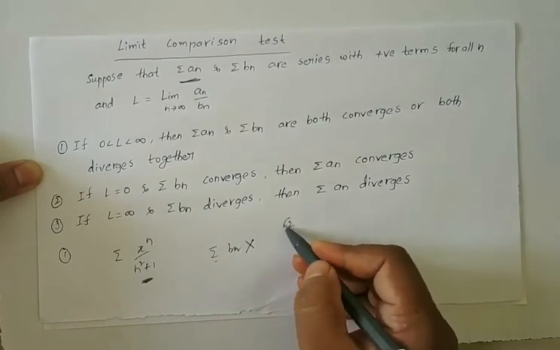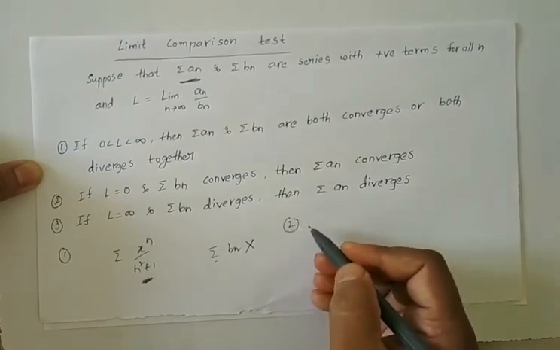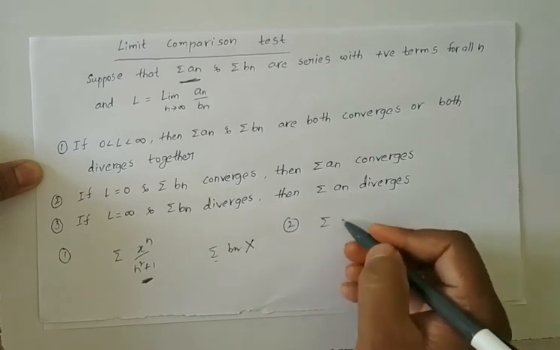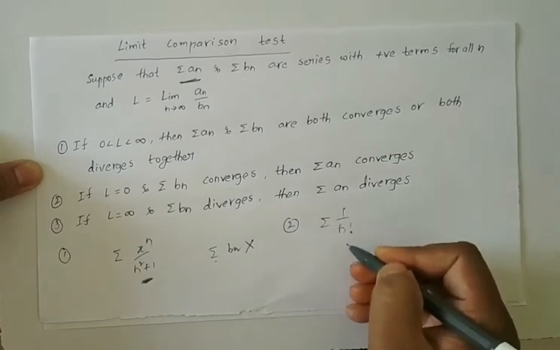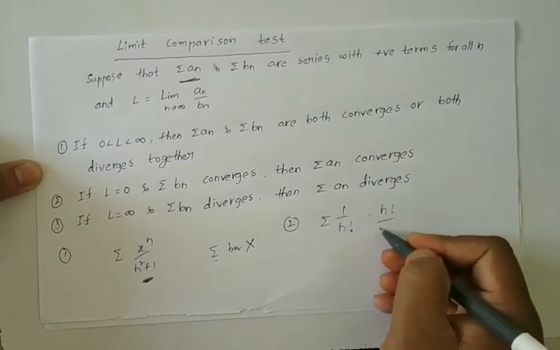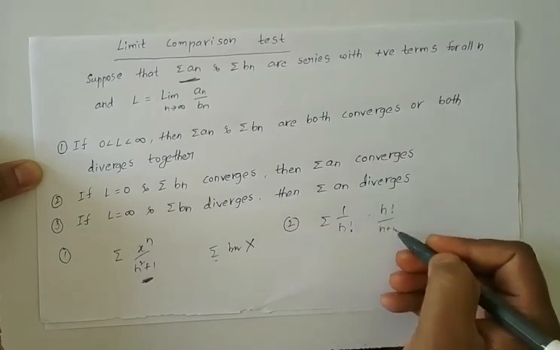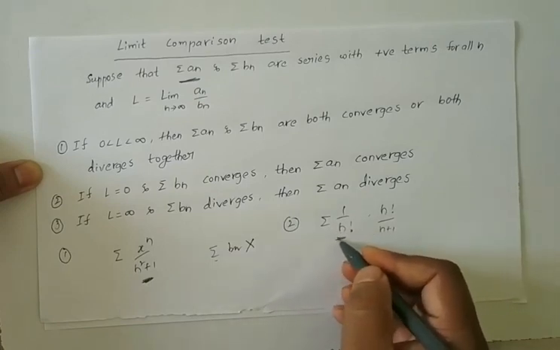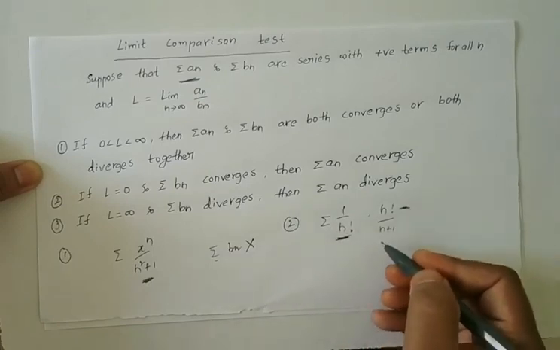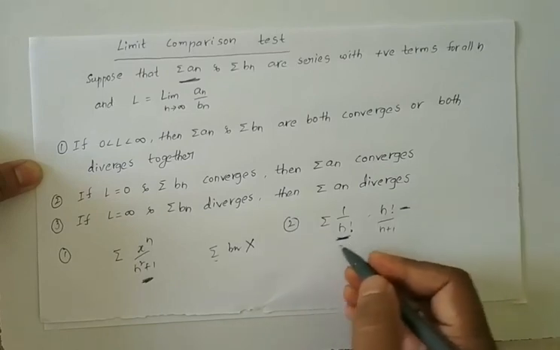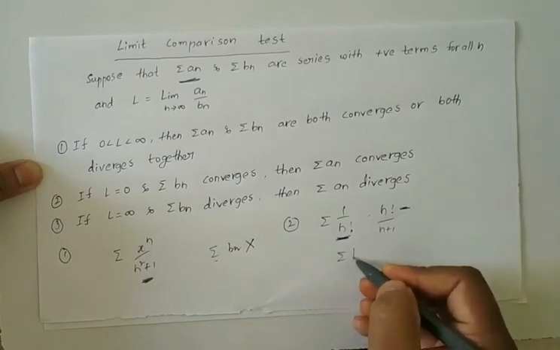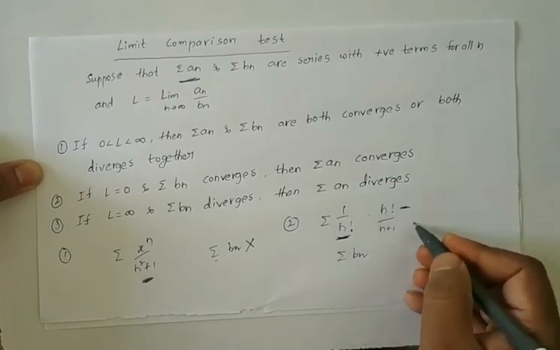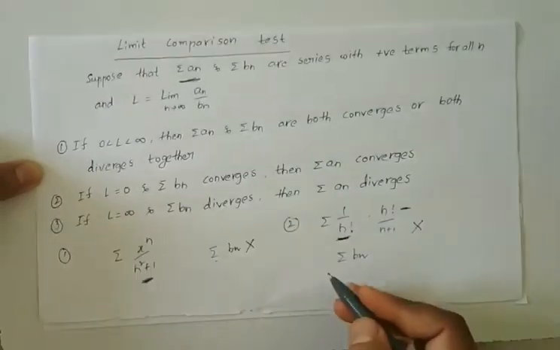Next, second one: if the given series contains any factorial, for example, summation 1 by n factorial or n factorial by n plus 1, like this. So here you see it contains a factorial. In this case also you cannot choose summation bn. That means you cannot apply the limit comparison test.